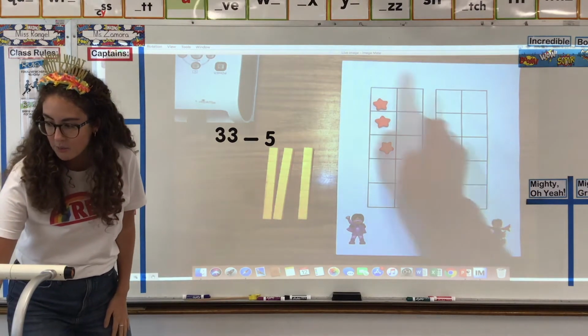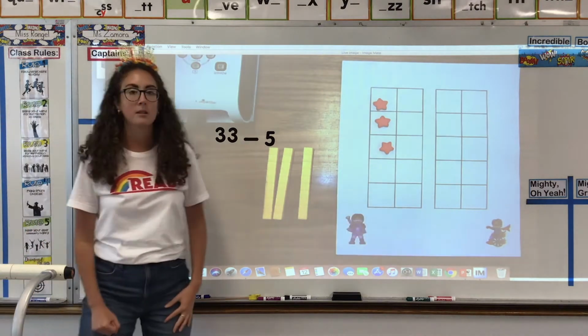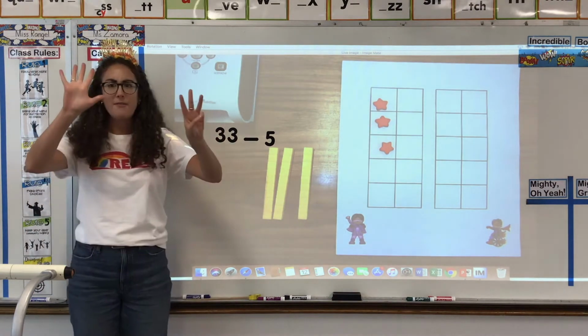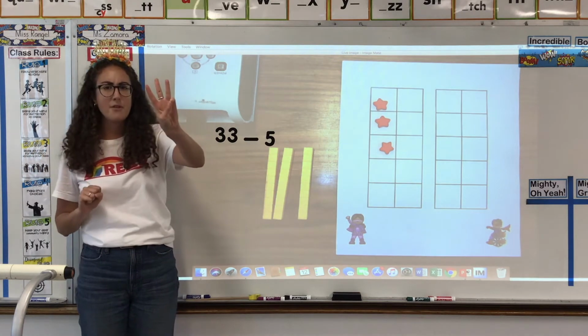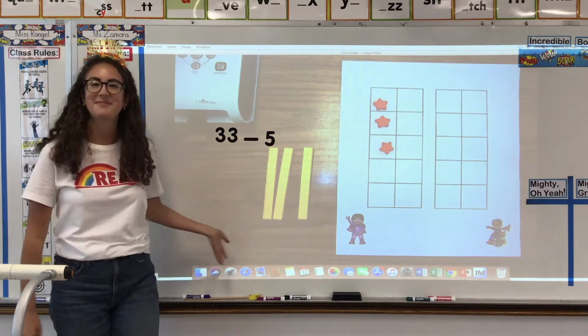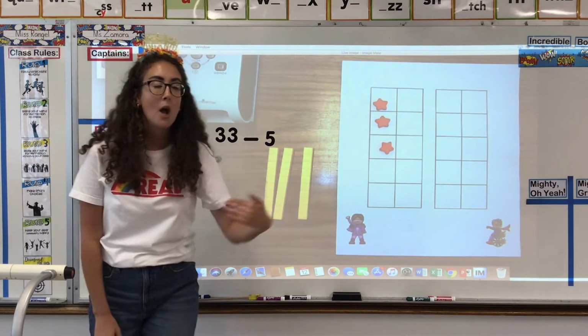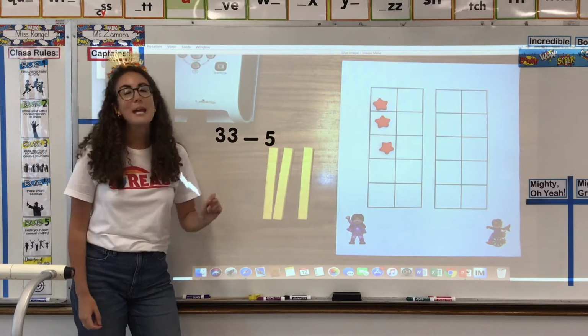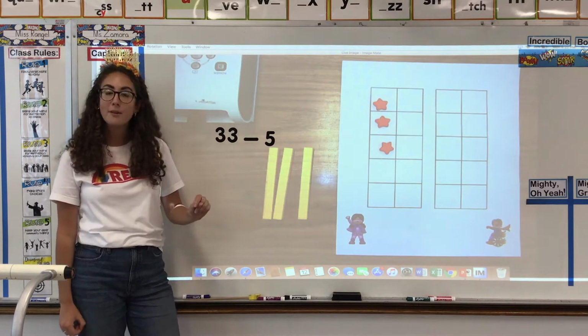How many 1s do we have? We have 3 1s. Can we take away 5 when we only have 3? Is that possible? No, it's not. 3 is less than 5, so we can't take away 5.